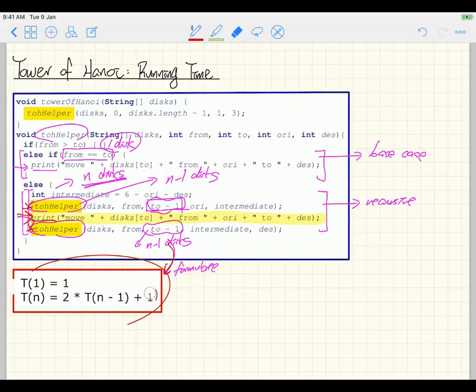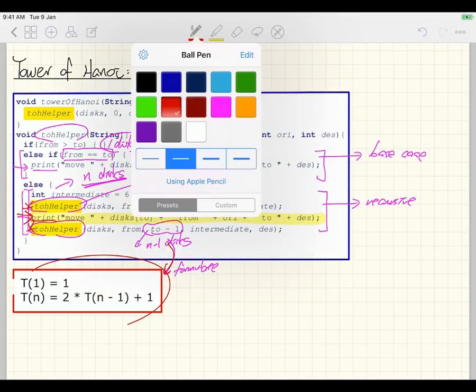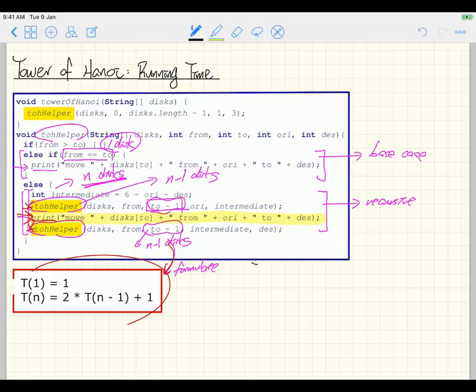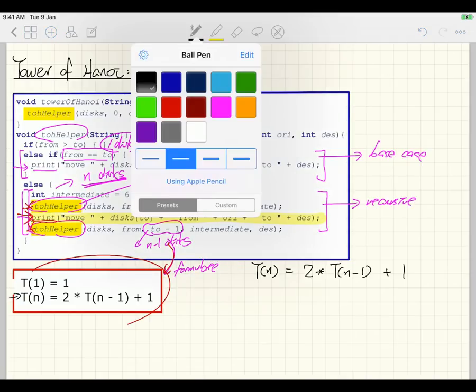Okay, let's see. What we will do is start with the general case. Let's say I'm given just T of n. By definition of the recursive case, T of n is simply 2 times T of n minus 1 plus 1. Just first step, just copy that. Now, how do we unfold? Basically, I need to apply the definition. Let me use a different color.